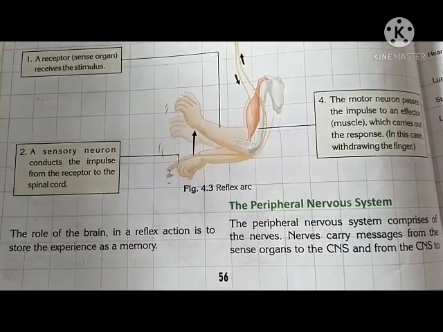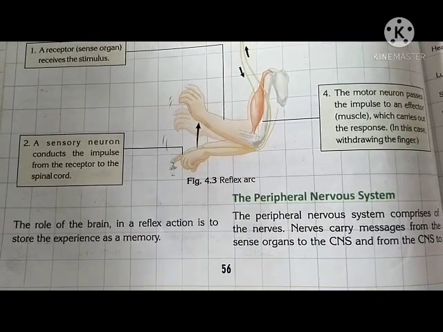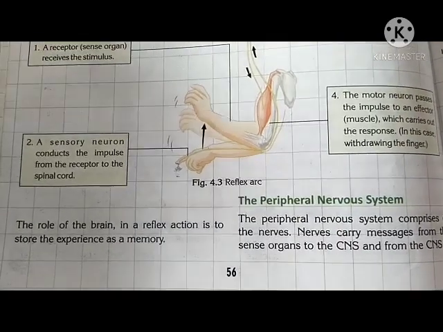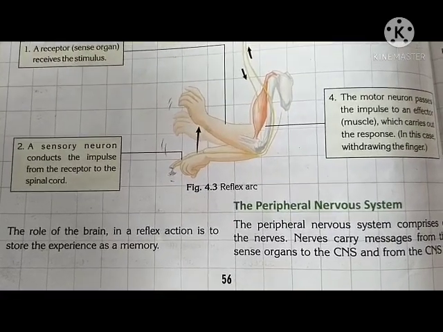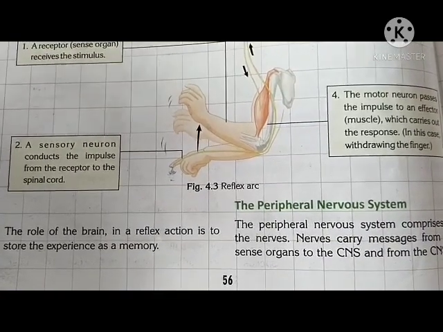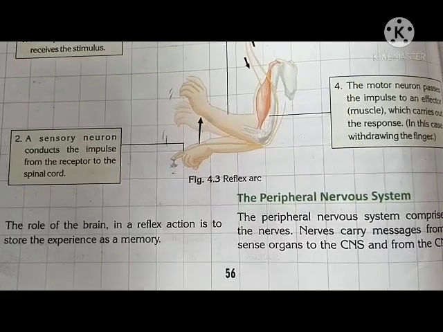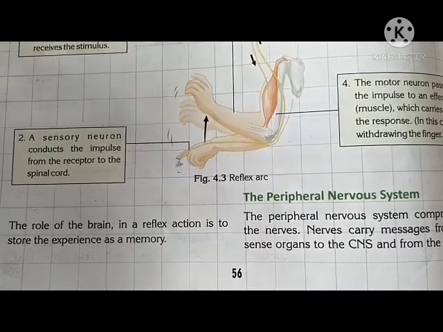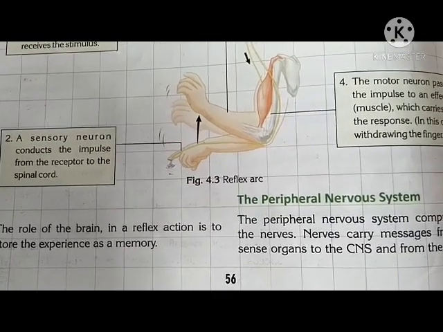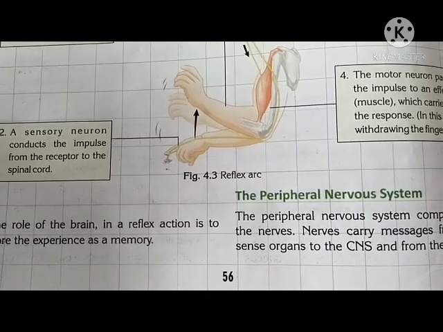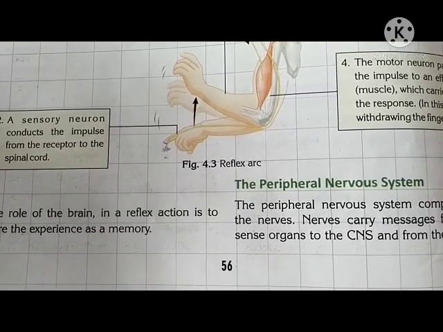This is part 3 of the chapter named Life Processes. In part 1 I had just given the introduction of the chapter. In part 2 you had studied the central nervous system, and today we are going to start the topic peripheral nervous system.